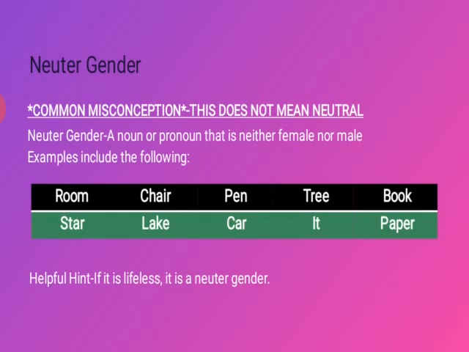And here the hint for you is that if it is lifeless, it is neuter gender. This is a very helpful tip for you. Keep it in your mind that if it is lifeless, then it is neuter gender, and if it can be used for either male or female, then it is common gender.